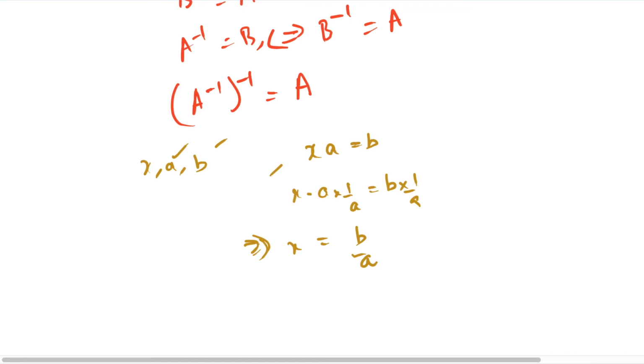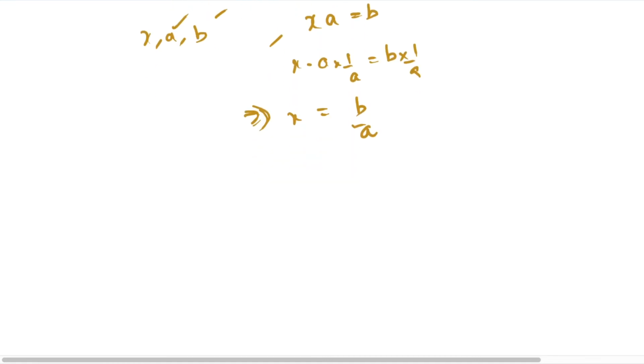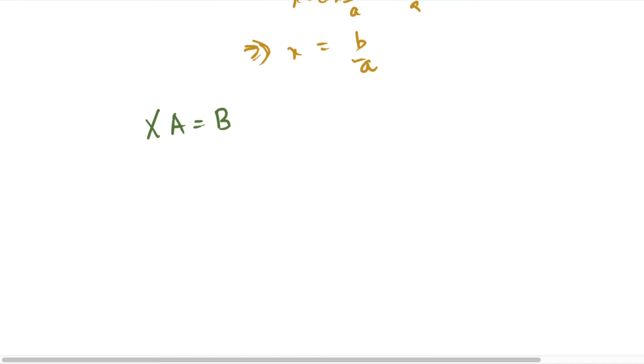Okay, but now assume that a, b and x are not scalars but they are matrices. So let's say x times a is equal to b, where x, a and b are matrices, and we want to find out what is the matrix X, right? It would be nice to again divide both sides by A, but remember we cannot get X like this, X is equal to B by A, right?